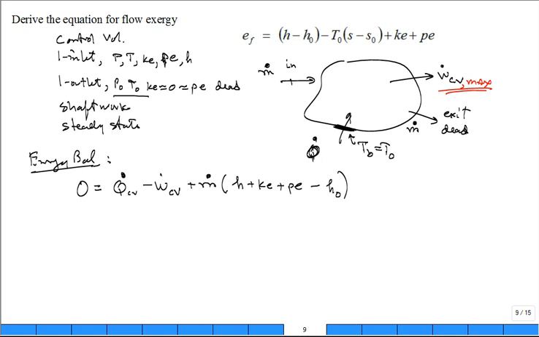Look good? Okay. Was there any other term in the energy balance equation that I left off about exergy? Exergy balance equation. Same thing, it's steady state, so I have no accumulation or depletion of exergy in the control volume.